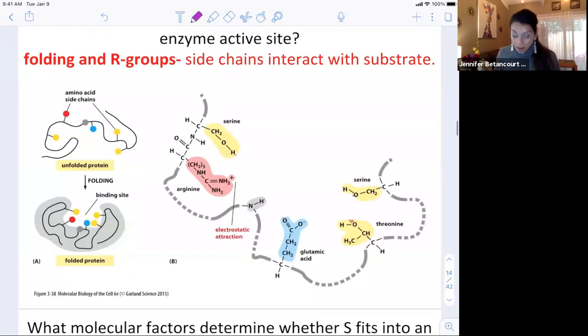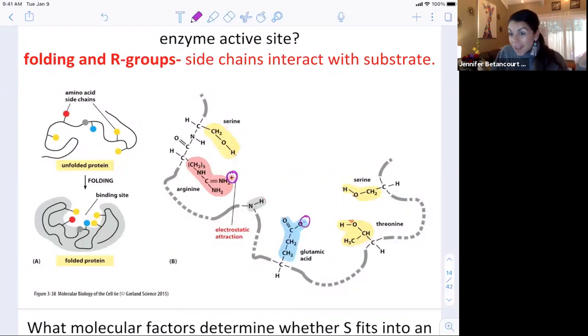So if we zoom in on that, we're just zooming in on this active site right here. Each of these little bulbs are color coded. And so you can see that there are different types of R groups. This happens to be a basic side chain, and this happens to be an acidic side chain.